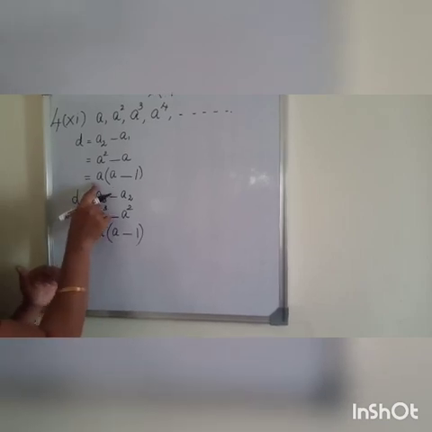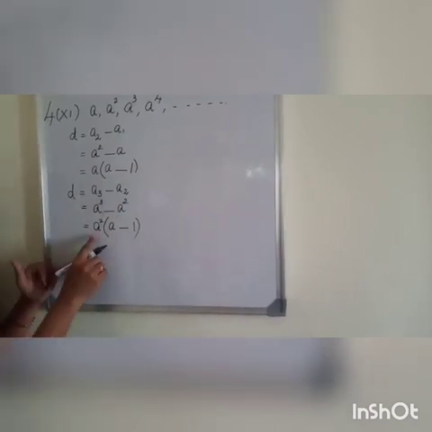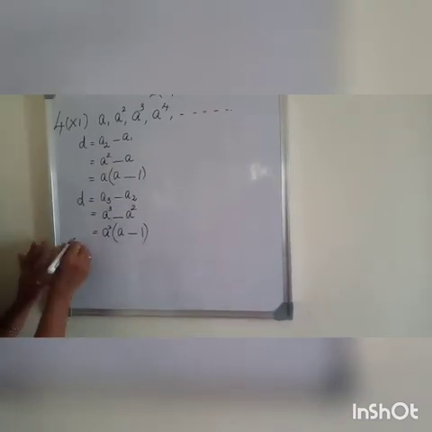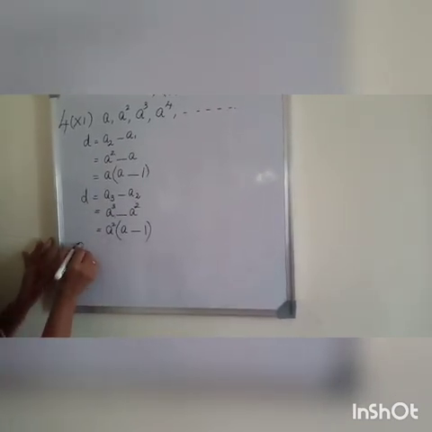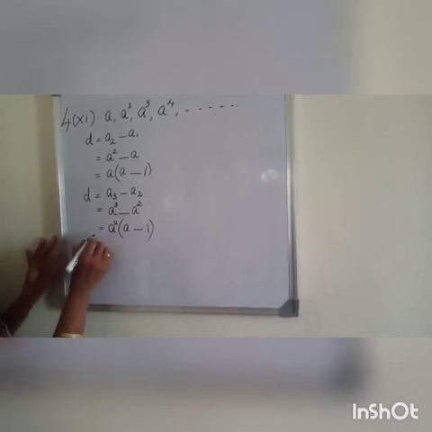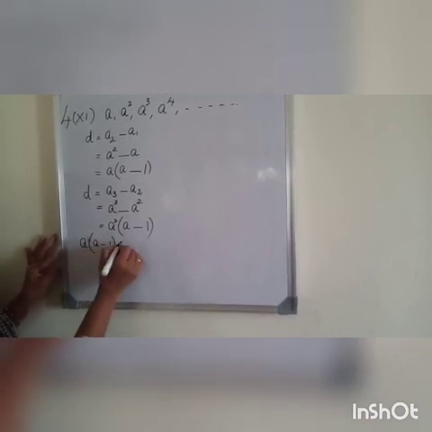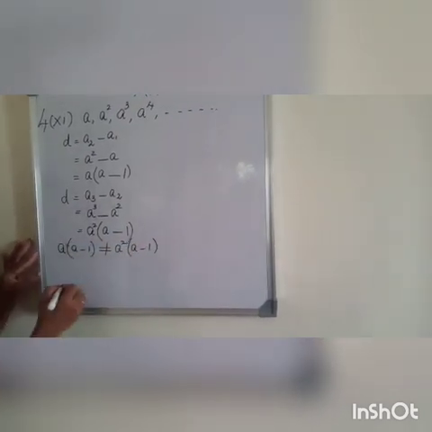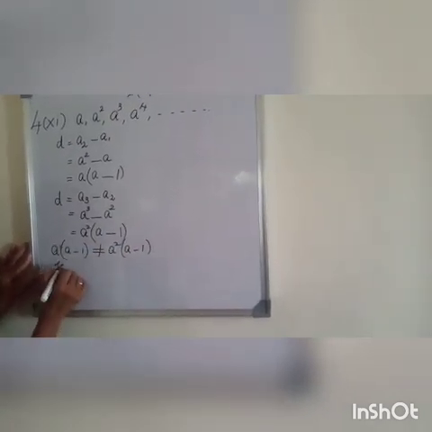So here it is A into A minus 1. In this case it is A square into A minus 1. D is not the same. Therefore it is not an AP. So if you want, we can write A into A minus 1 is not equal to A square into A minus 1. That is, D is not the same. It is not an AP.